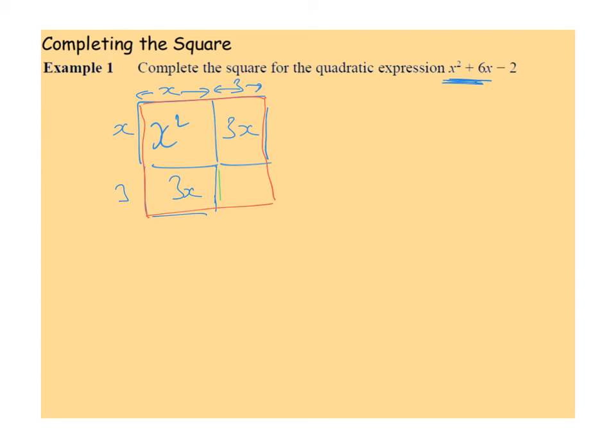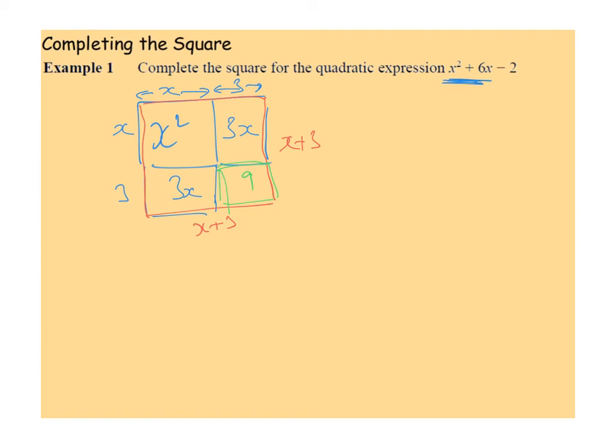Subtract the area that I'm drawing in green. And the area I'm drawing in green, well, you can see the length is 3 and 3, there and there, 3 and 3. So that area is 9. And you can also see that the red square has a length of x add 3. So the area of the whole red square is x add 3 all squared.